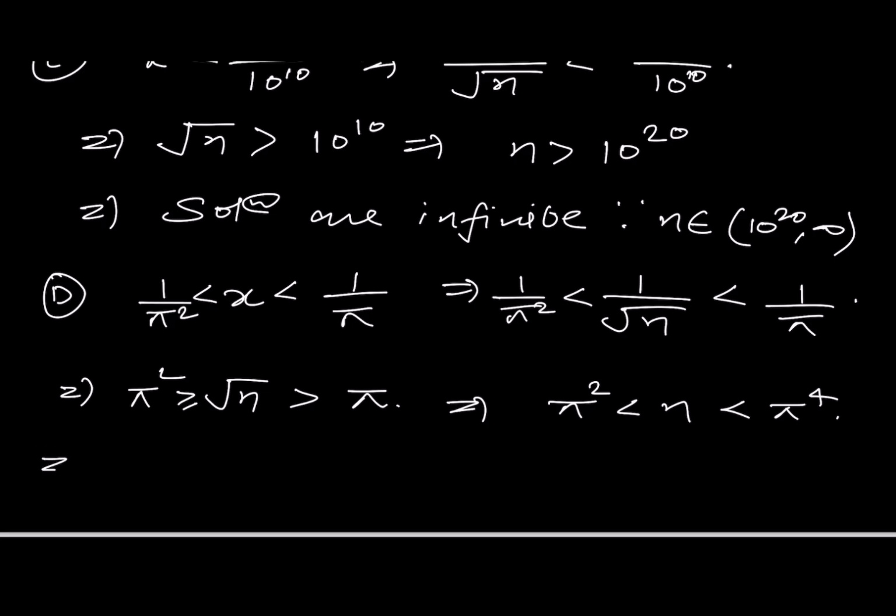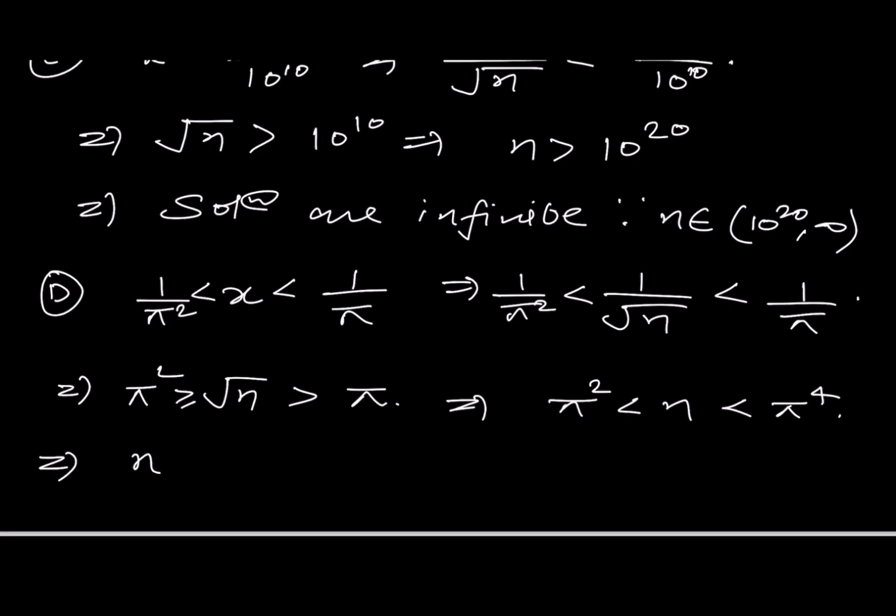In this case n will start from 9 and go up to π⁴, which is approximately 97 point something, so it will go up to 97.